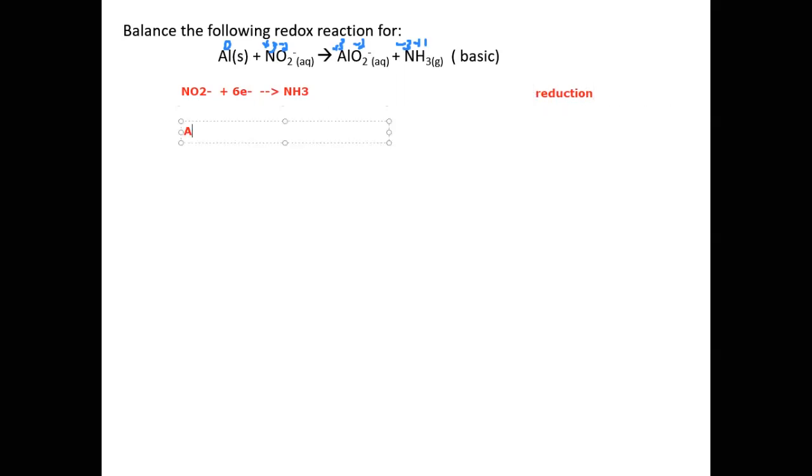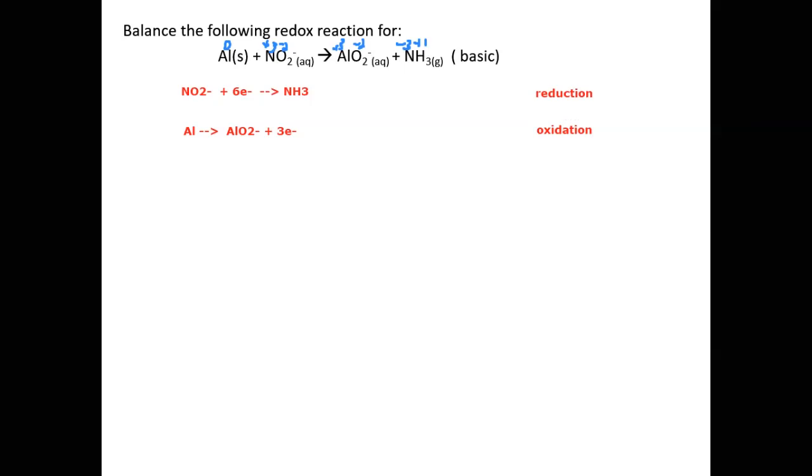Next we have aluminum. Gives us AlO2 minus plus 3 electrons. This is oxidation. So we see we have one nitrogen, it's balanced, one aluminum, it's balanced.